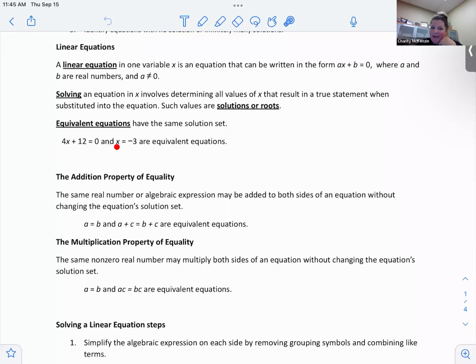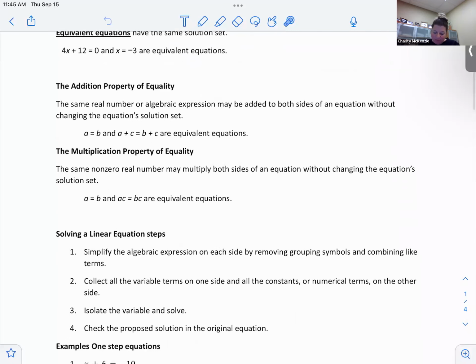So these are equivalent equations. They're the same thing because the value that you put in for the x is the same. So for this one to be true, x is -3. So when we're solving equations, we're just finding the value that works for that problem.